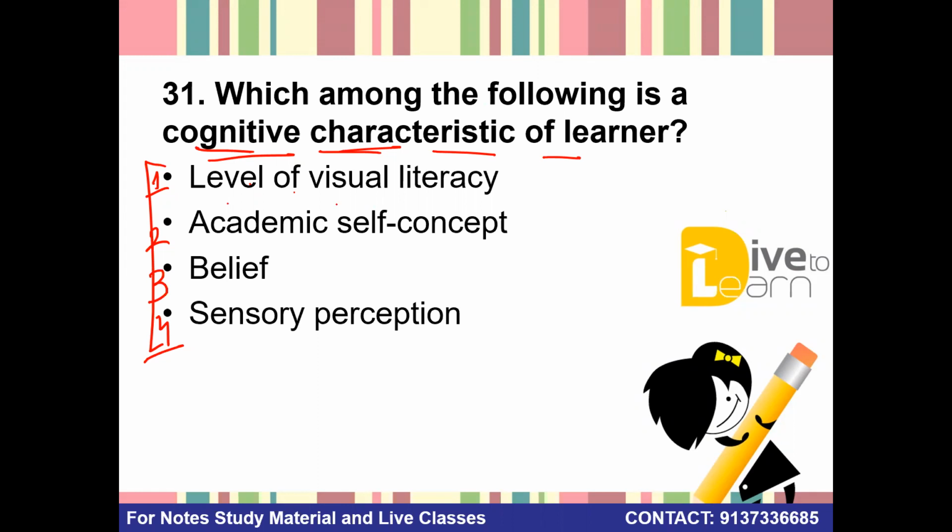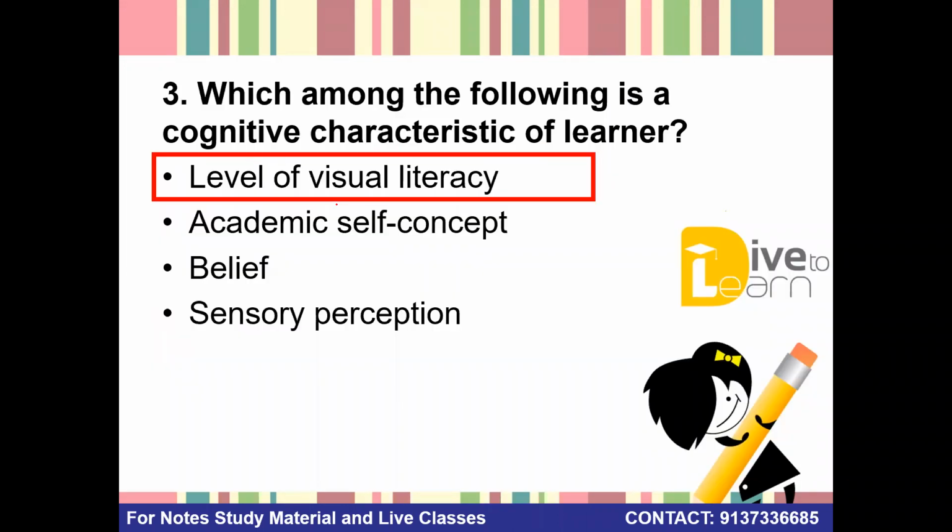It is the first one, level of visual literacy. Now if you ask me why the first one, see, if I give you the example of a rope, that is what you see, that is how you look at things, and you perceive it, you decode it, right, interpret it, right.